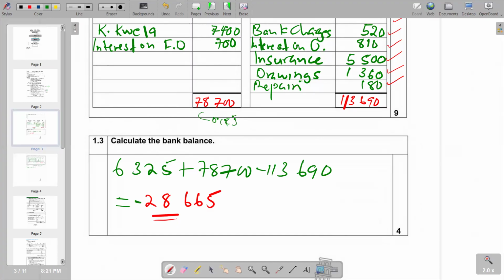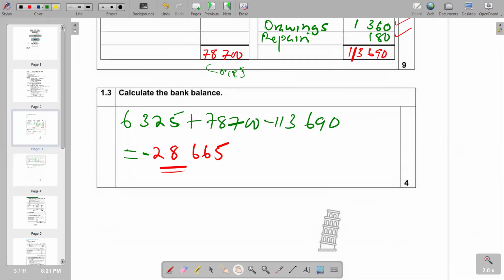So we can just show it by putting a negative, or you can just leave it in brackets to show that it's negative, by saying 28,665 and putting your brackets. So brackets are a substitute for a negative sign. So this becomes the completion of our bank reconciliation statement.